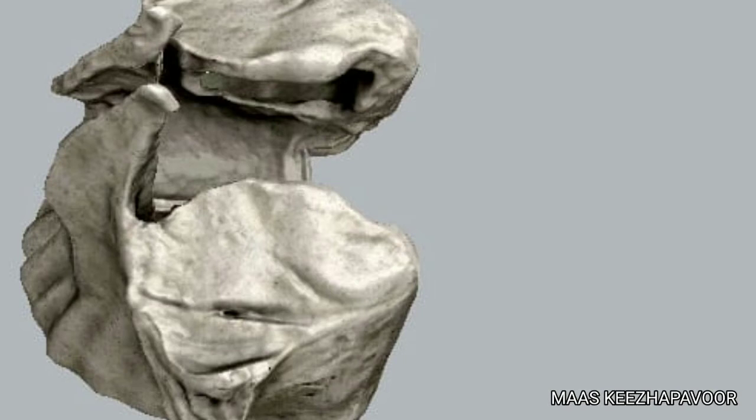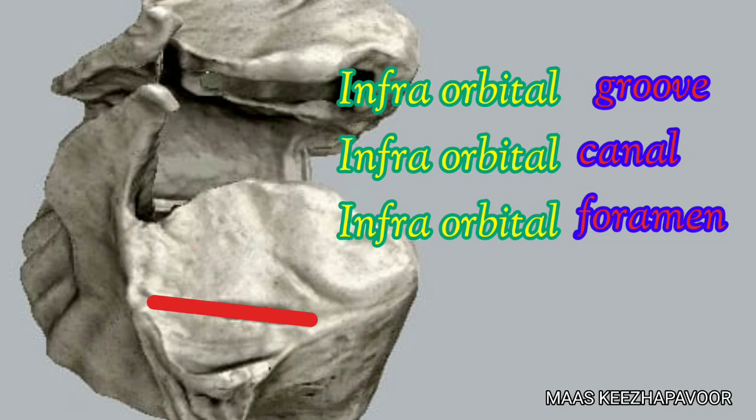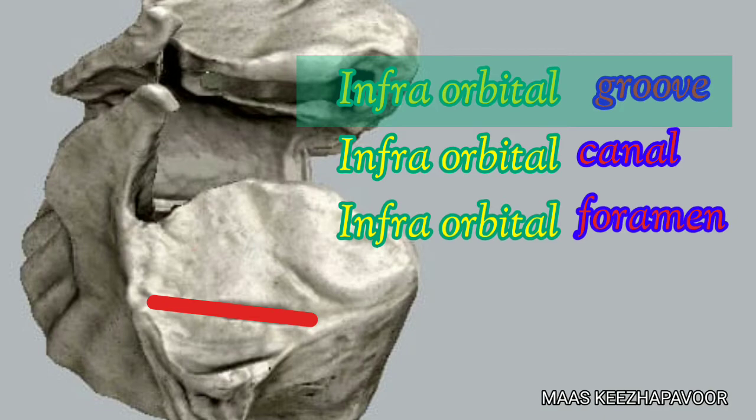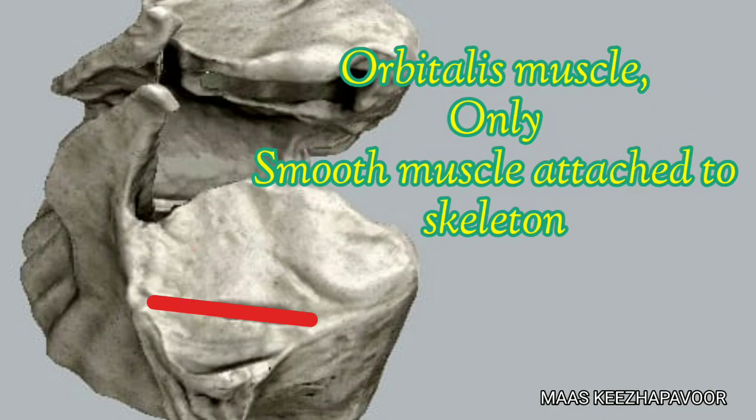In this surface, a groove is seen which leads to a canal and finally opens into a foramen. This groove is the infraorbital groove, the canal is the infraorbital canal, and the foramen is the infraorbital foramen. The infraorbital groove is bridged by the orbitalis muscle, which is the only smooth muscle attached to the bone.